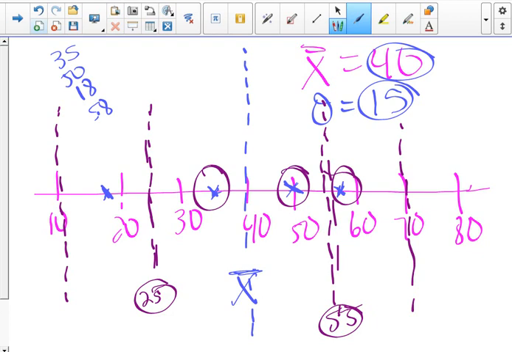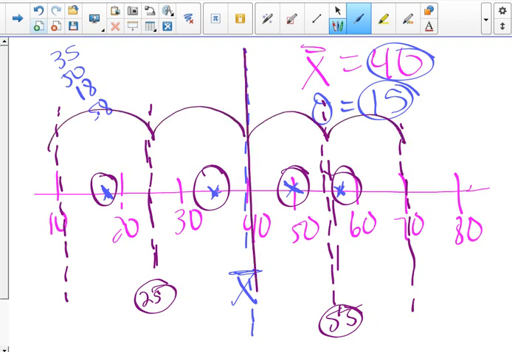Now we've included all the data. We could say all of this data is within 2 standard deviations from our x bar.